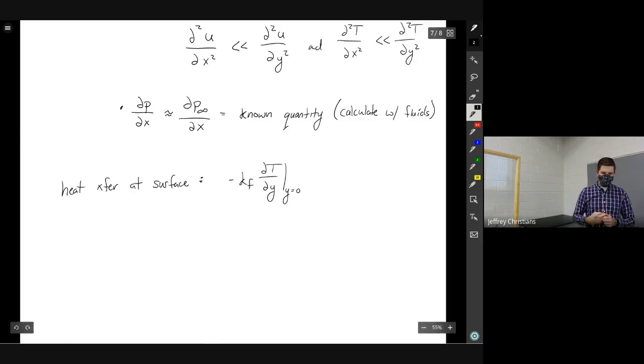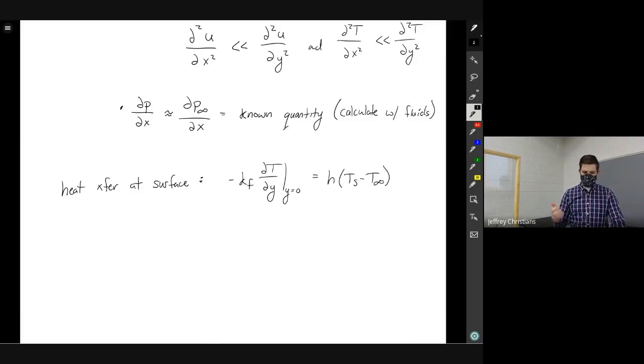So there's conduction in the surface through that first layer of fluid. That equals h (Ts minus T infinity). This is saying that convection is really conduction through that first little bit of fluid, because that first little bit of fluid is stationary because of the no slip condition.